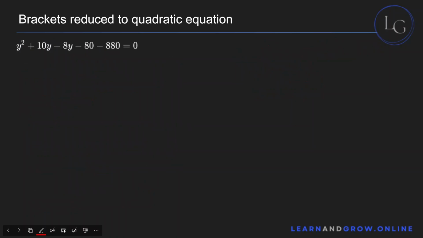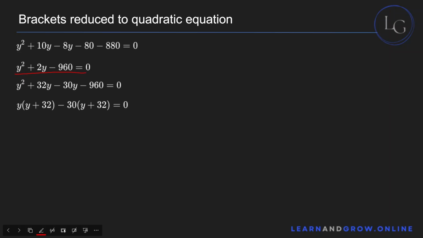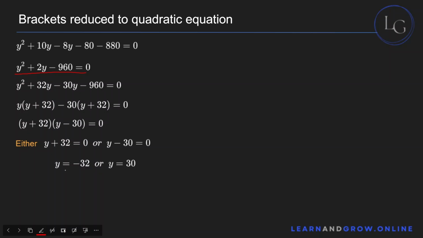Now, when you expand that, you get this quadratic equation here. Now you solve for y by using factorization or any method that you fancy, and you get two values of y. y is equal to minus 32 and y is equal to 30.